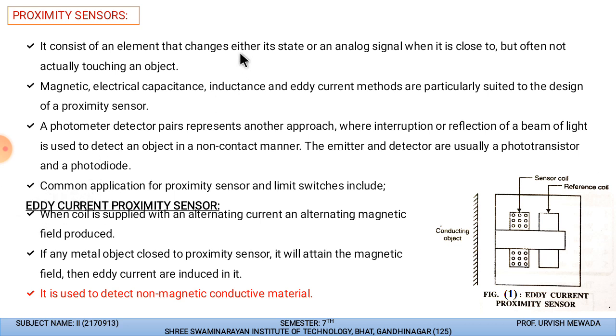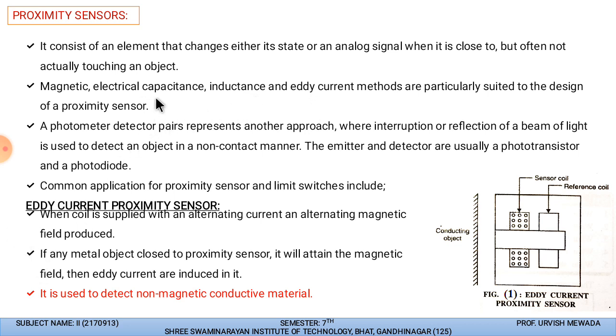This definition describes that whenever we have a conducting object near the sensor, the element changes its signal when it comes close to, but is not actually touching, the object.